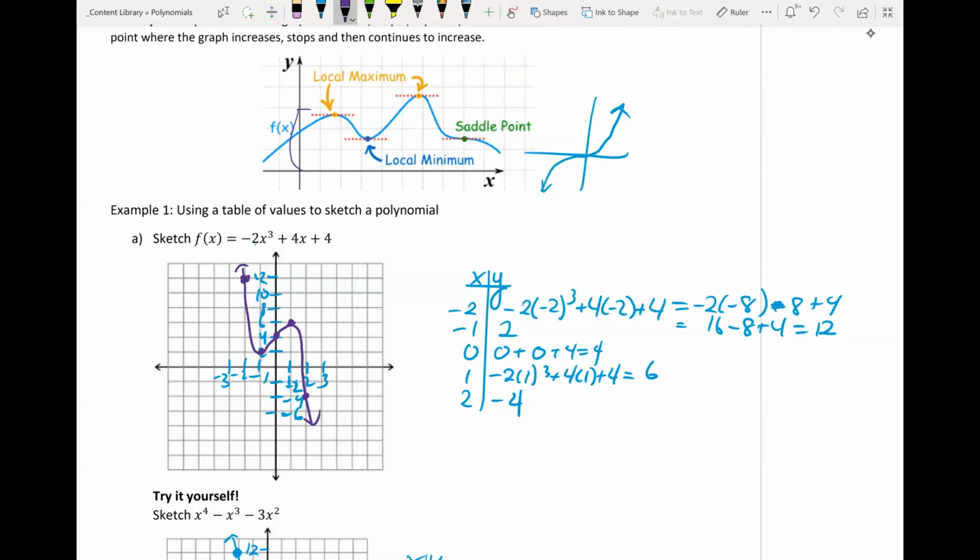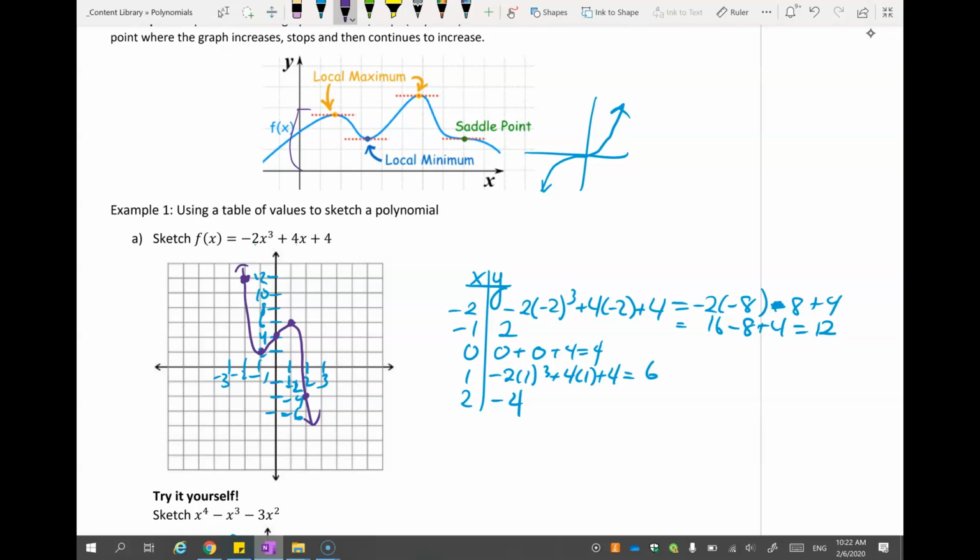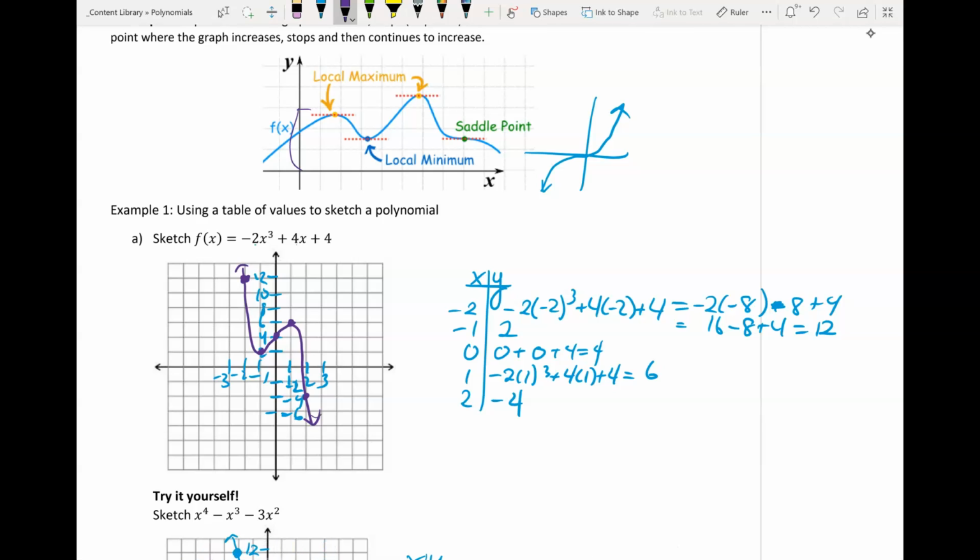But you should always check to make sure that this is the final shape, because let's just say you don't know sometimes, depending on the graph, if this is going to actually come back up. And that's a very important piece of information that you do need to graph. But look at this, we have a cubic.